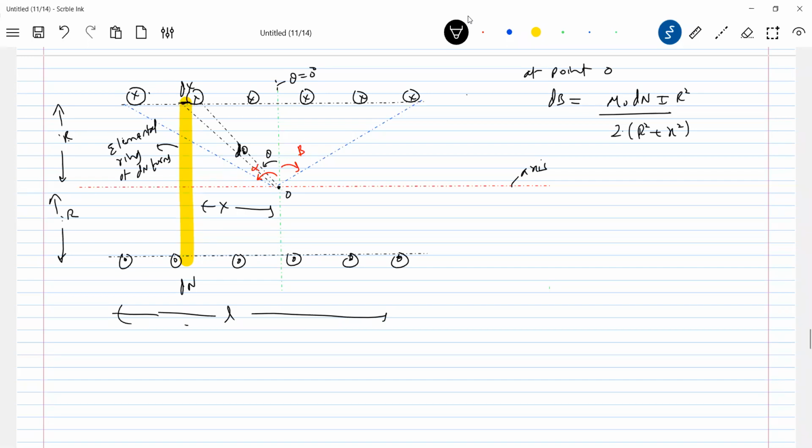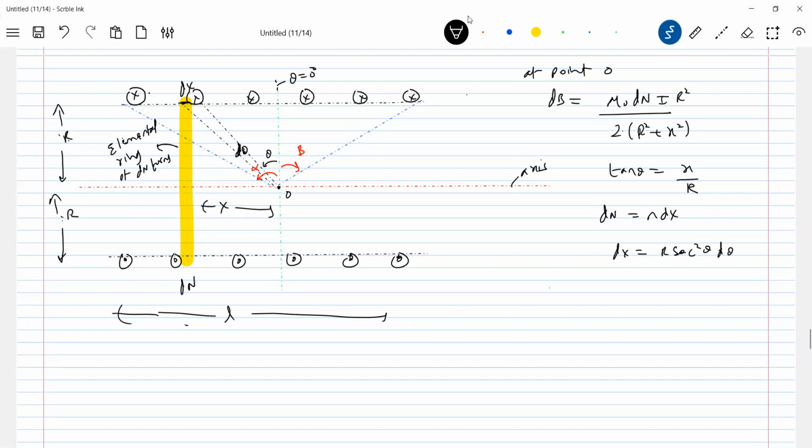Tan theta we can write as x by R. So what is dn further? How to define dn? dn equals n dx. And since tan theta equals x by R, I can replace x equal to R tan theta, then dx equals R secant square theta d theta.